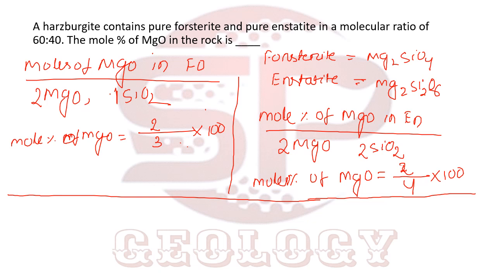So we have to calculate the mole percentage of MgO in the rock, that is harzburgite, which consists of forsterite and enstatite in 60 and 40%.